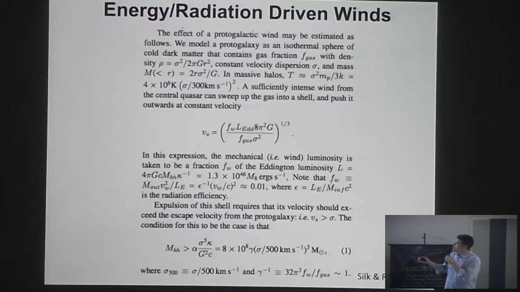So for an Eddington luminosity of something like this, we can end up having a mass outflow which is modest. This allows you to move out some mass, but not a whole lot.